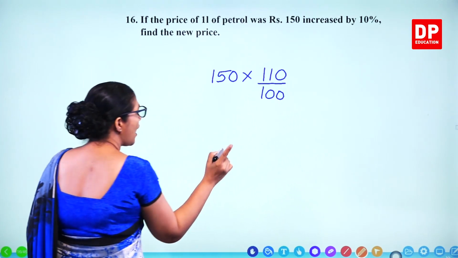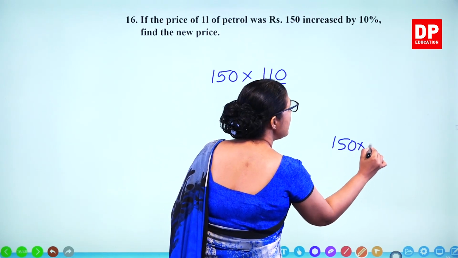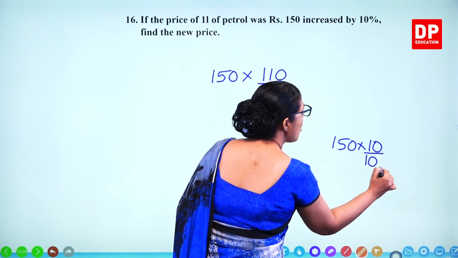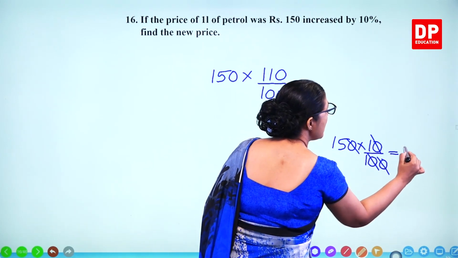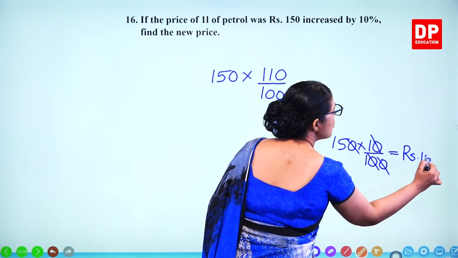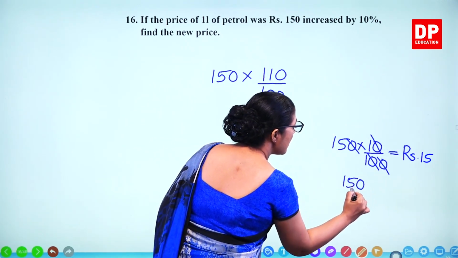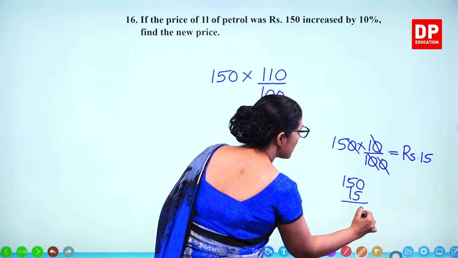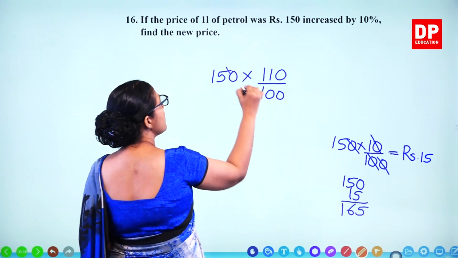Or you can find out the 10% value separately and add it. 10% of that is 15 rupees and add it to that. 15 plus 150, you get 165 rupees. Or you can do straight away here.